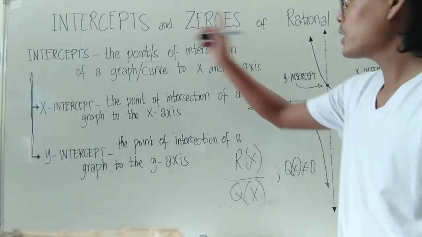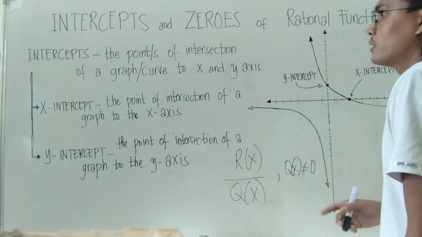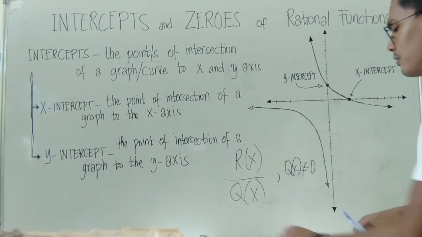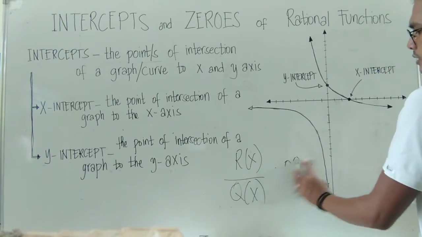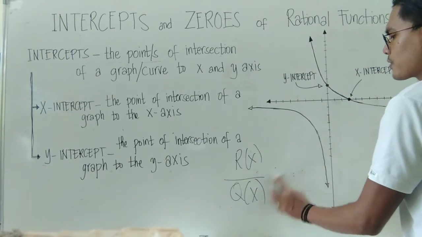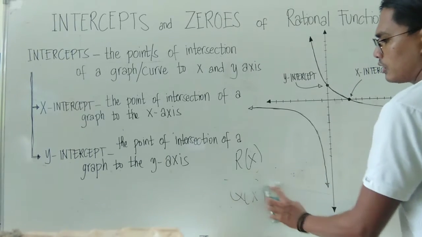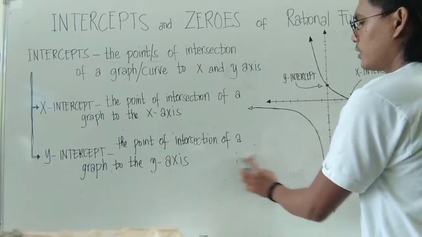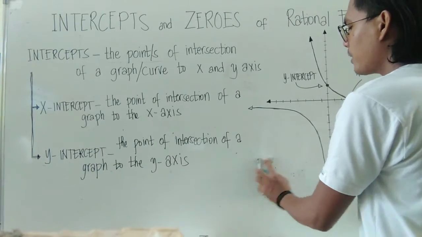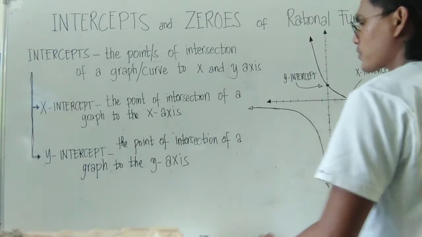Okay, so let's go to the intercepts and zeros of rational functions. First, let us define intercepts. We have two intercepts, the x-intercept and the y-intercept.